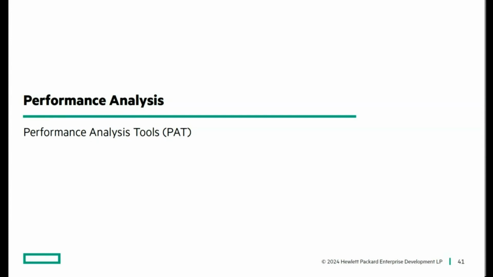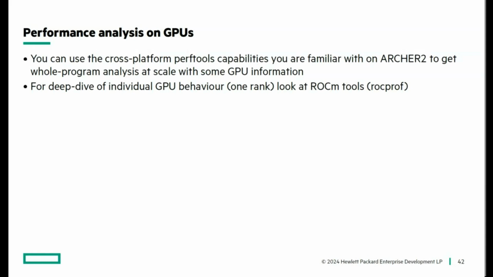Hi, can you hear me? Yes. Cool. We're just going to present some slides on what options are available on these GPU nodes for profiling. The good news is that for those familiar with CrayPat, the Cray performance analysis tools that we provide, there is also capability available on the GPU nodes.